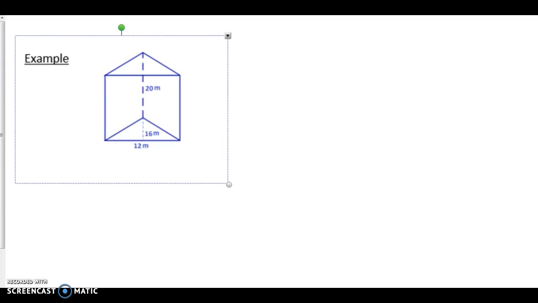Let's go on to another example with calculating. Okay, this one looks a little bit different, but here's our base. The bases are always going to be the triangles, unless you're dealing with a different kind of prism. No matter how the triangular prism is turned, though, the base is always the triangles. So we've got a height of 16 and a base of 12.